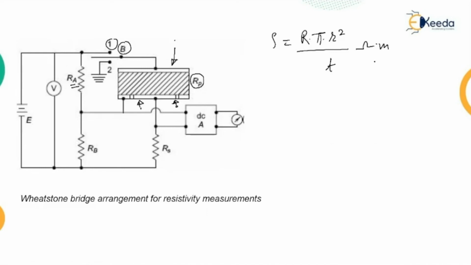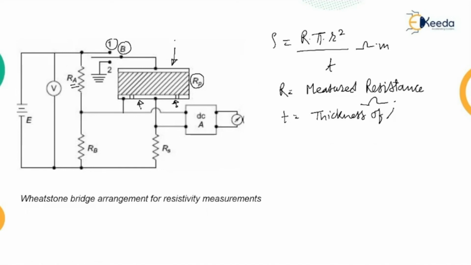R is the measured resistance, in ohms. t is the thickness of the specimen in meters, and small r is the effective radius in meters.